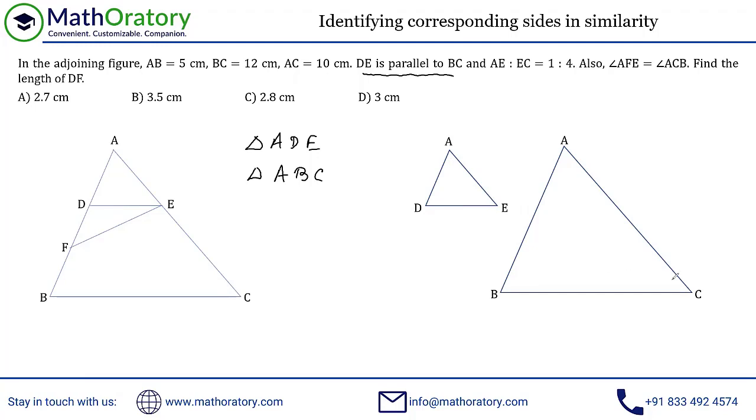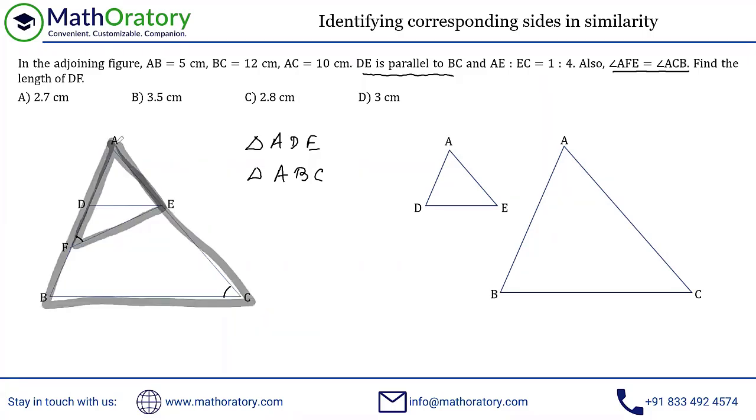Now, interestingly, it also says that angle AFE is equal to angle ACB. Now, notice this triangle and the entire triangle. We already have AFE equal to ACB, and angle A is anyhow common.